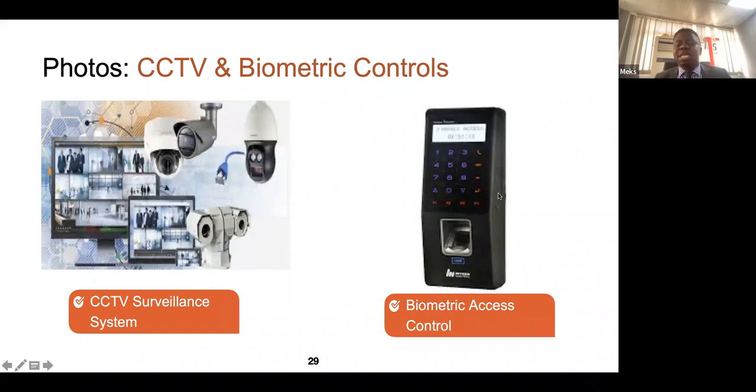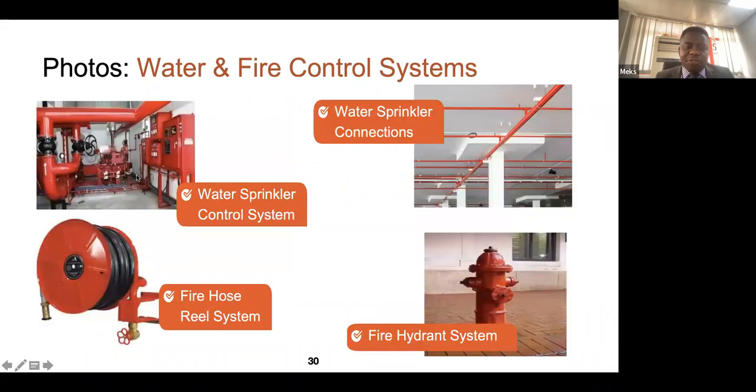Then there's biometric access control. We have the fire hose reel system. Anywhere you see each of these, name them as one and label it as such. But this water sprinkler control system is one most times per building, except you have up to 2 separate connections, but usually 1 per building.